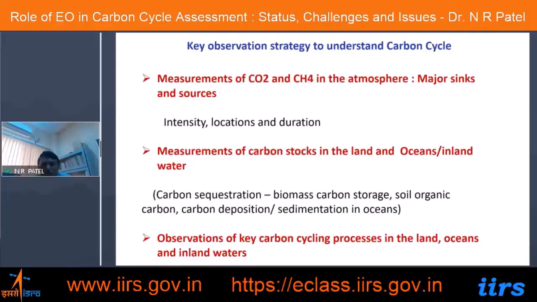Because these are point observations, they cannot be representative of a whole big landmass like India. But we should be very cautious about modeling activity also, and observations are very critical. So we need to observe these different carbon cyclic processes and use them for constraining different ecosystem models, which can give you a large scale carbon budgeting exercise.